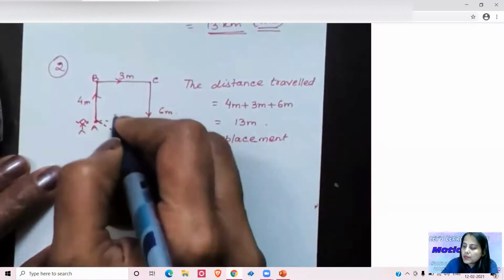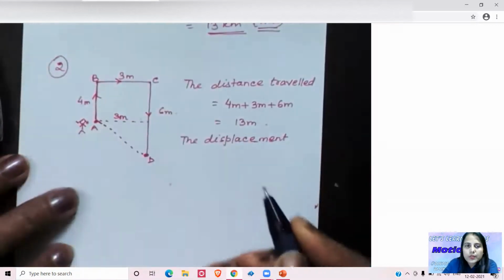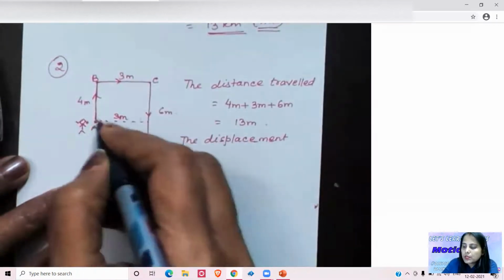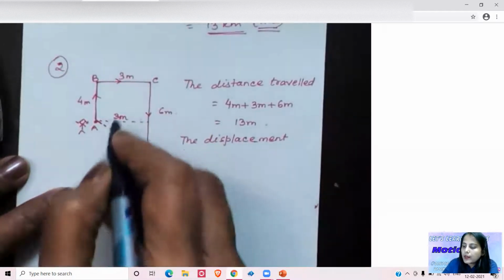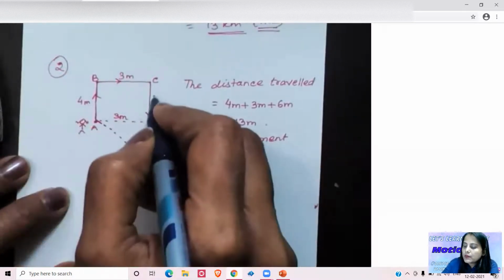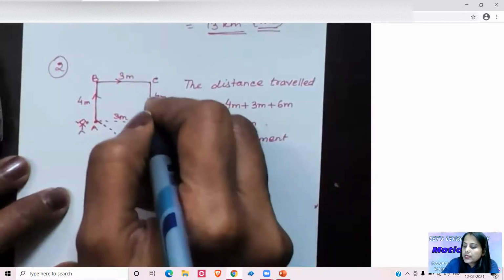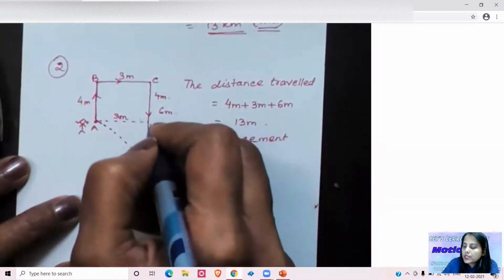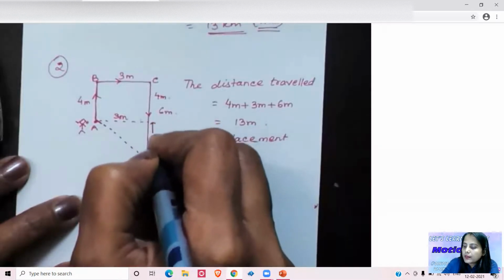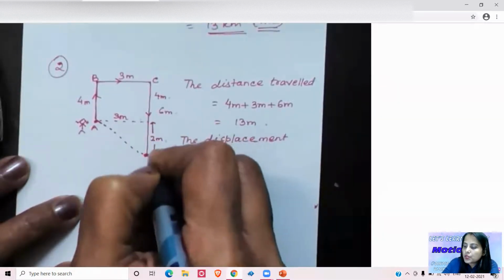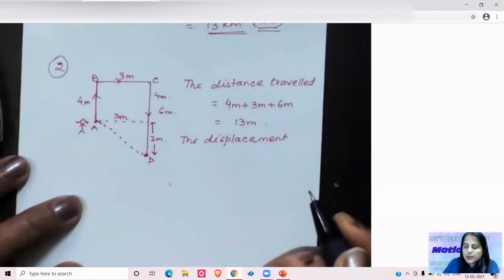This was 3 meters, so this side will also automatically be 3 meters because it's a part of a rectangle here. And if it is 4 meters here, we get 4 meters this side, since opposite sides are equal. And the remaining length is 2 meters because the total length is given to be 6 meters.